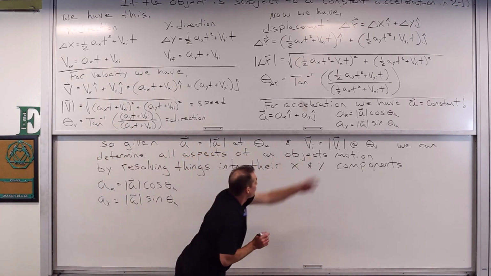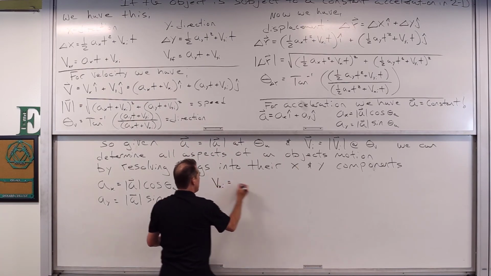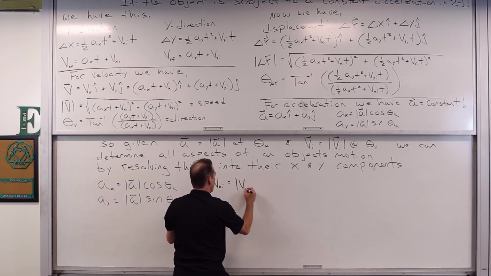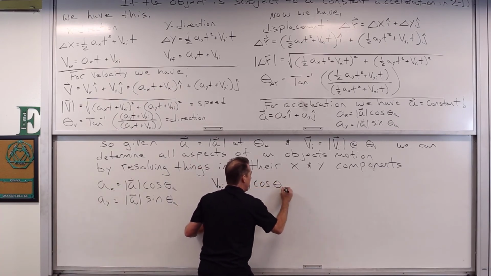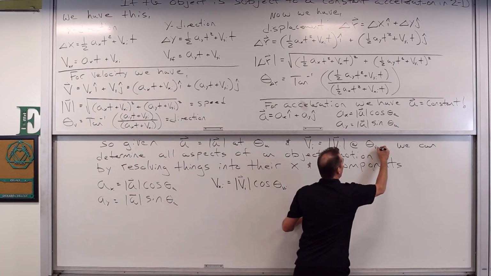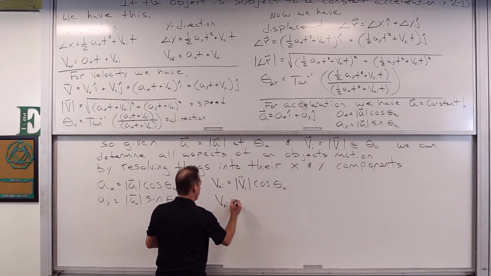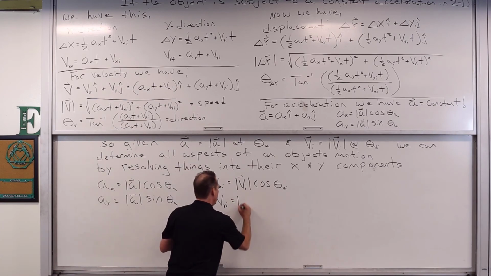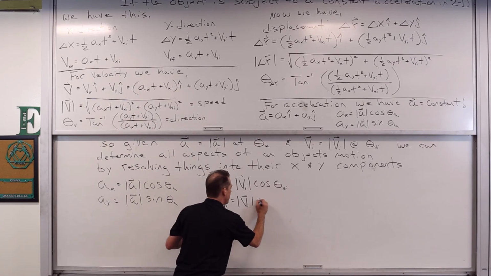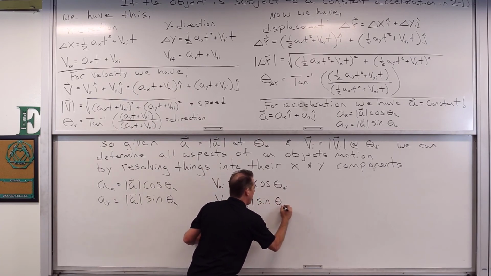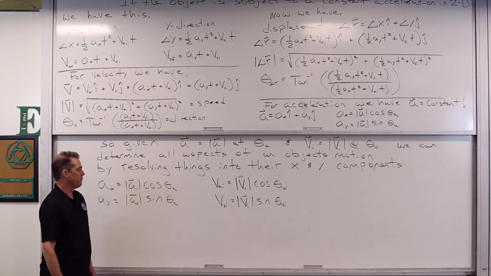And then for the initial velocity, we would have that v x initial is equal to the magnitude of v initial times the cosine of theta sub v initial. And v y initial, the initial velocity in the y direction, is the overall initial speed of the object multiplied by the sine of its initial direction of motion.